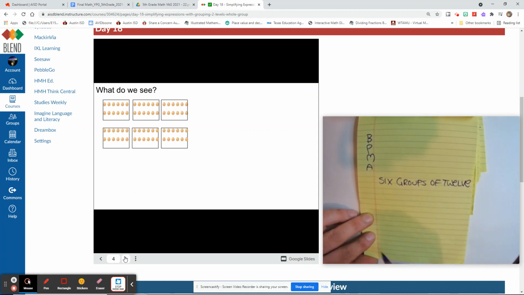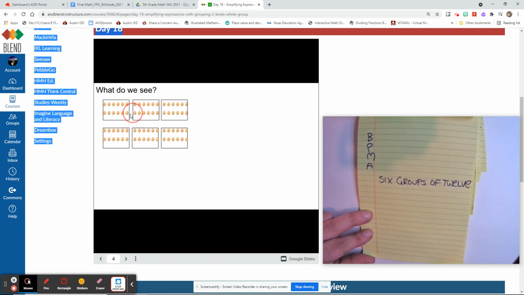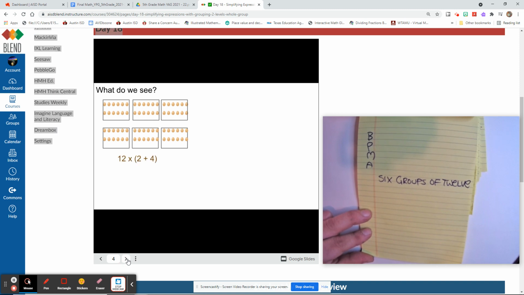If we're looking at the picture over there, 6 groups of 12. There's 1, 2, 3, 4, 5, 6 groups, and inside each group is 12 eggs. So 6 groups of 12 is what we're looking at. Let's see what happens next.